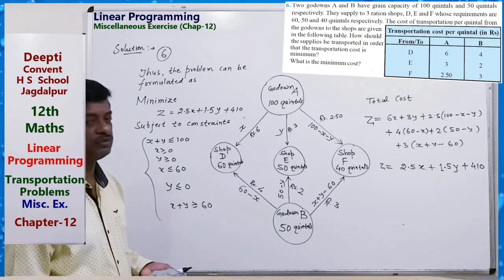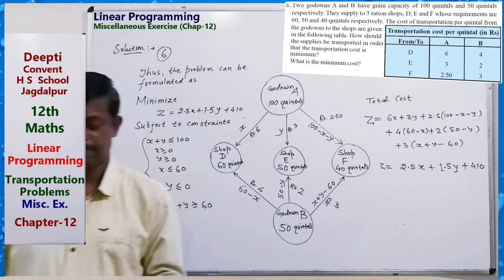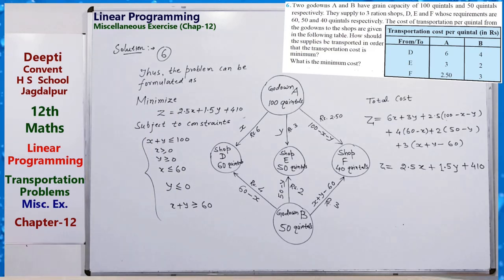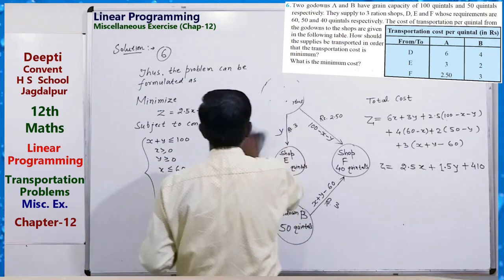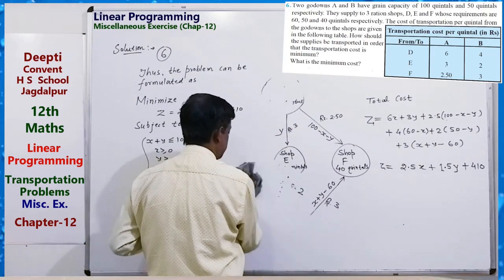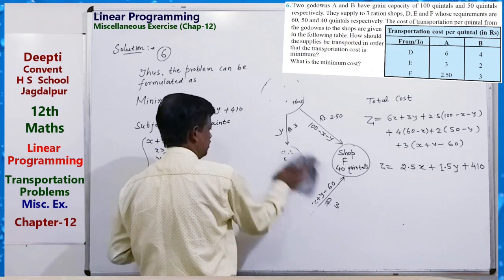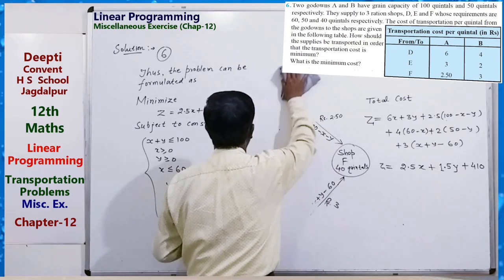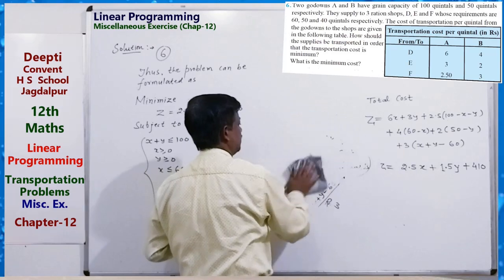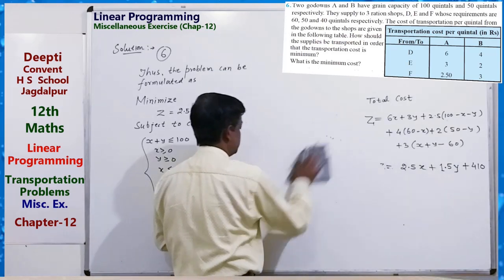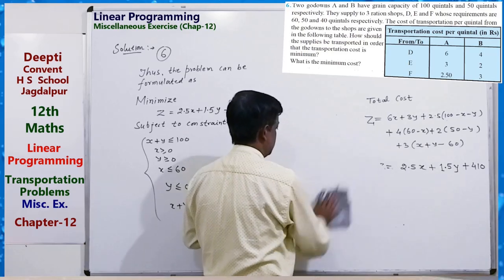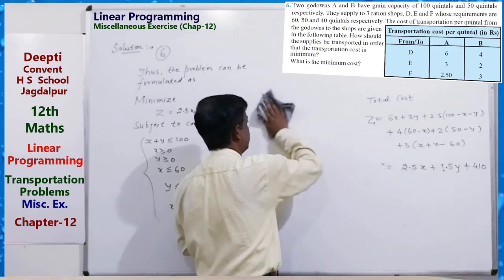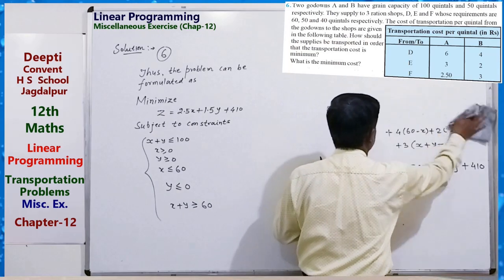So for that we have to draw the graph. We know the graphical method. Just draw one by one. Very simple. First of all draw the graphs, and then if the region is bounded or unbounded, find the corner points, and at all the corner points find the value of the total cost.